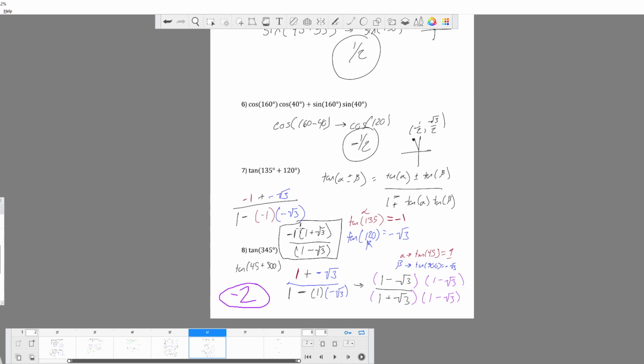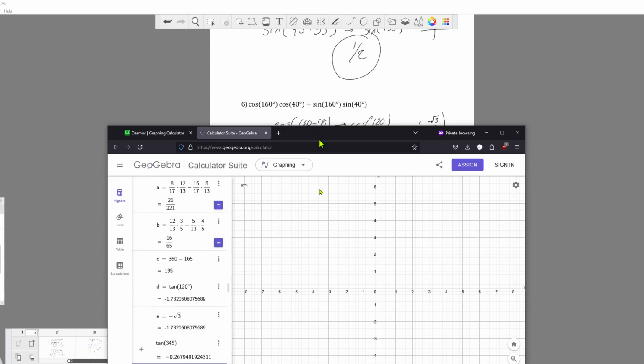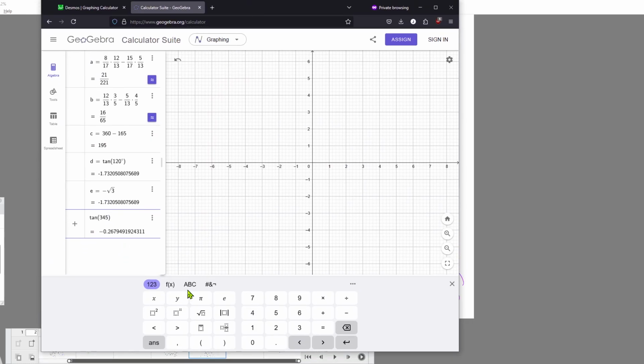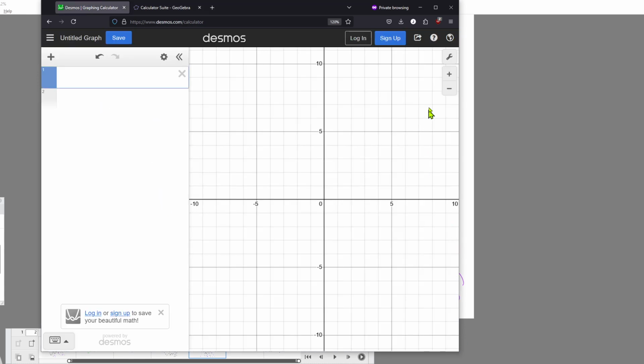And so we probably could have rationalized the previous one, and we can very easily double check that. This was tangent of 345. So if we punch that into our thing here, interesting. Did not get that.